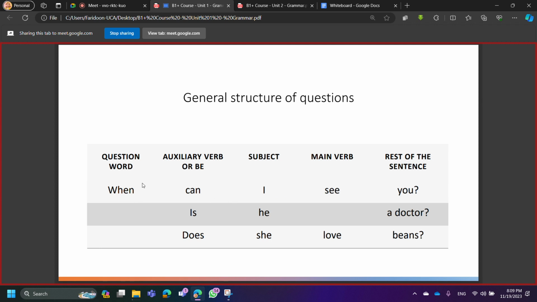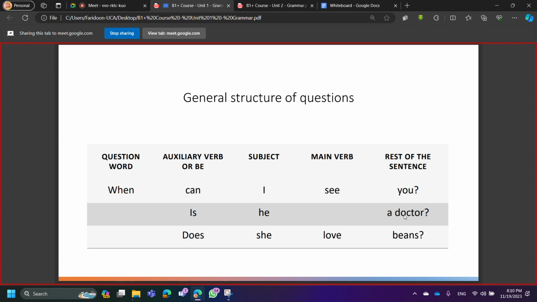But then you also have some other questions that do not really require any question word, and they start from the auxiliary verb. We call them yes/no questions. It's like, is he a doctor? But as you can see, we don't have a main verb. Why is that? Because here we don't really have an auxiliary verb. Be, or is in this case, is the main verb. It's not a normal helping verb.